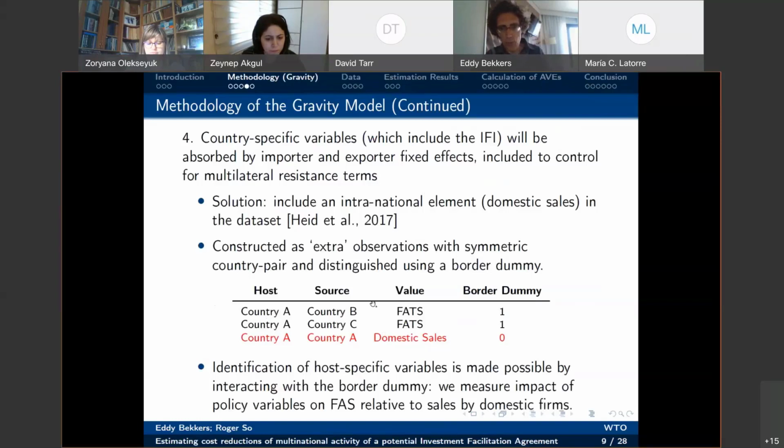Basically the border dummy is going to be 1 when you're looking at international sales, or sales by foreign affiliates, so from A to B or A to C, but when it's A to A, we have domestic sales. This identification is possible by interacting the border dummy with our policy variables. And so we're measuring the impact of the policy variable on foreign affiliate sales relative to sales by domestic firms.